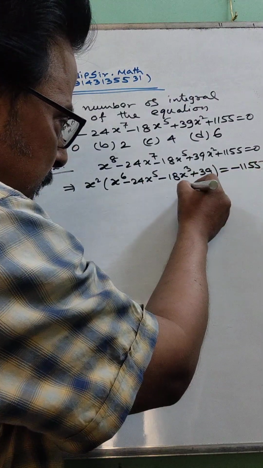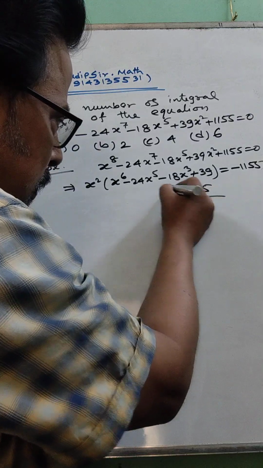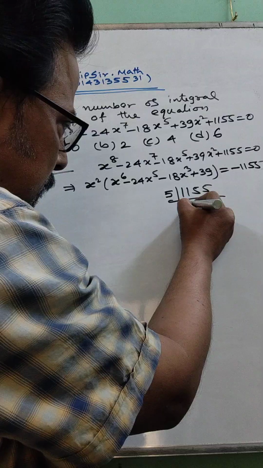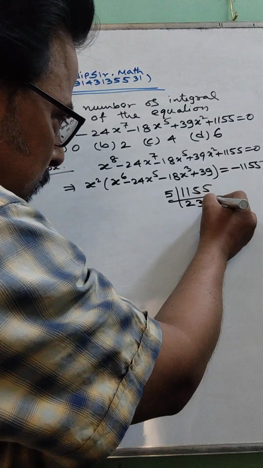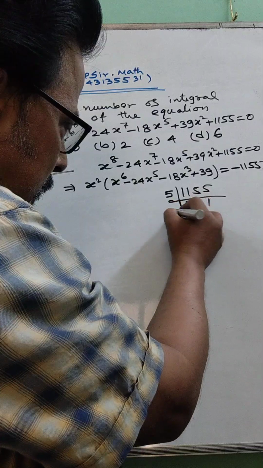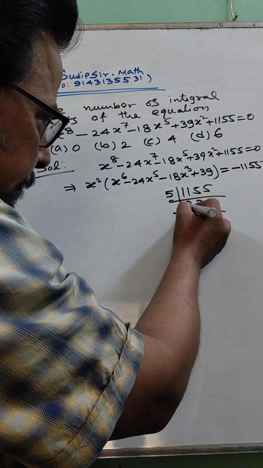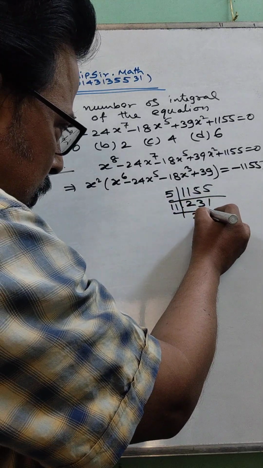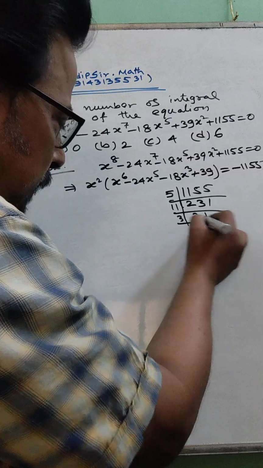Now we will factorize this 1155. So take 5, 5 times 2 is 10, 15, 1. Now it will be divisible by 11, 21. So divisible by 3, 7.